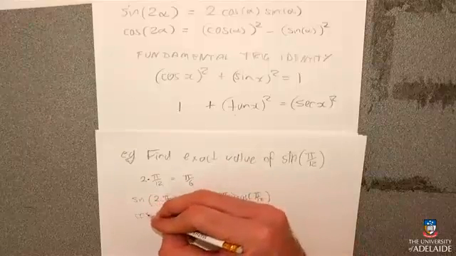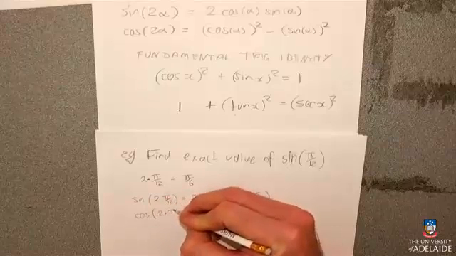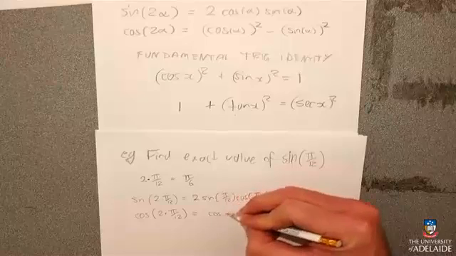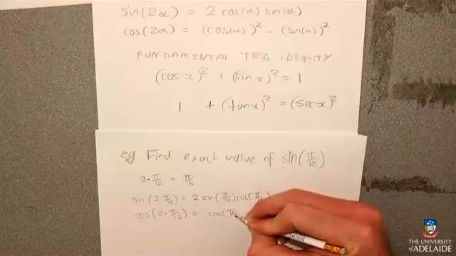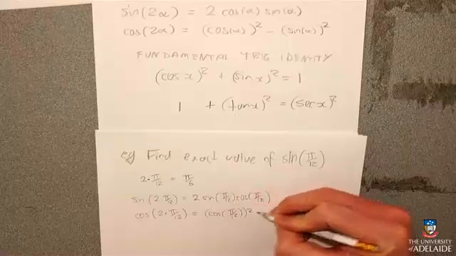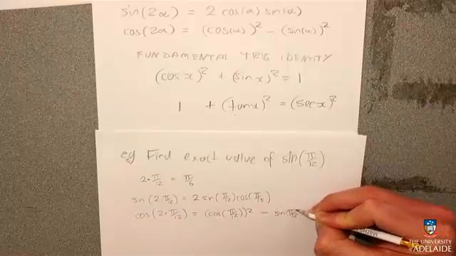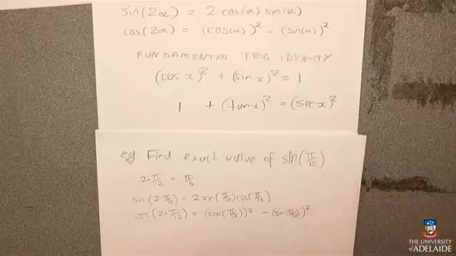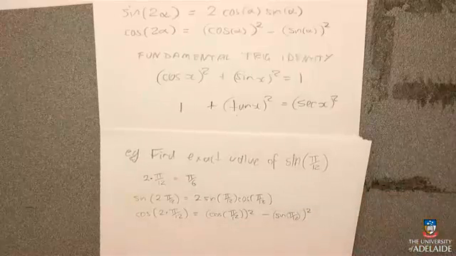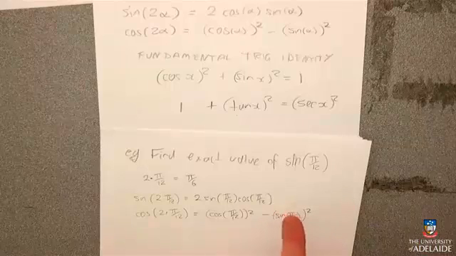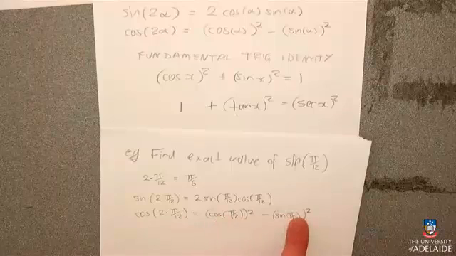Let's try the cos. So that's cos of pi on 12 squared minus sine of pi on 12 squared. Okay, well that's hardly better, is it? Because it uses both cos and sine. Again, I only want one of these. I just want this one. I don't want that one. Just a second.